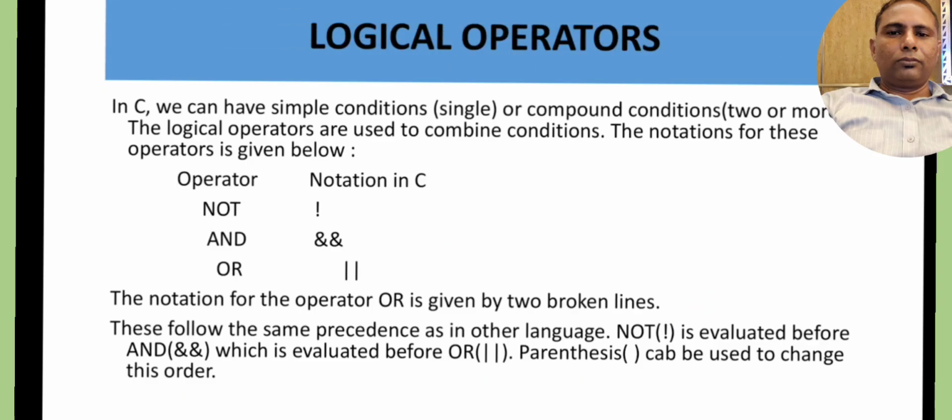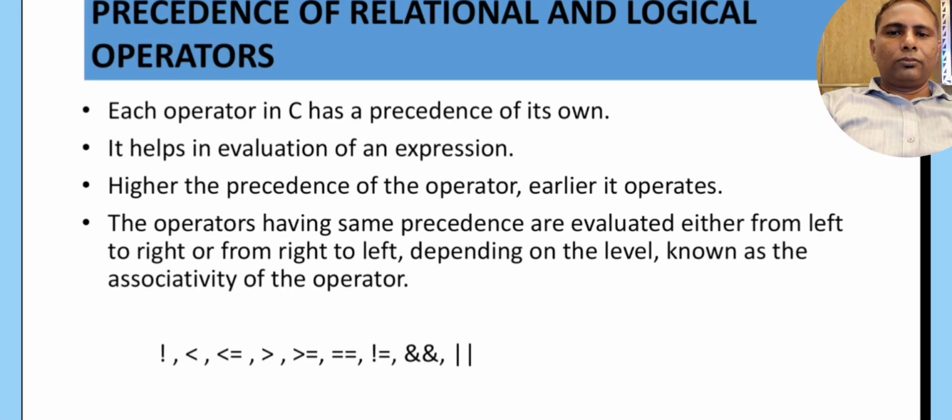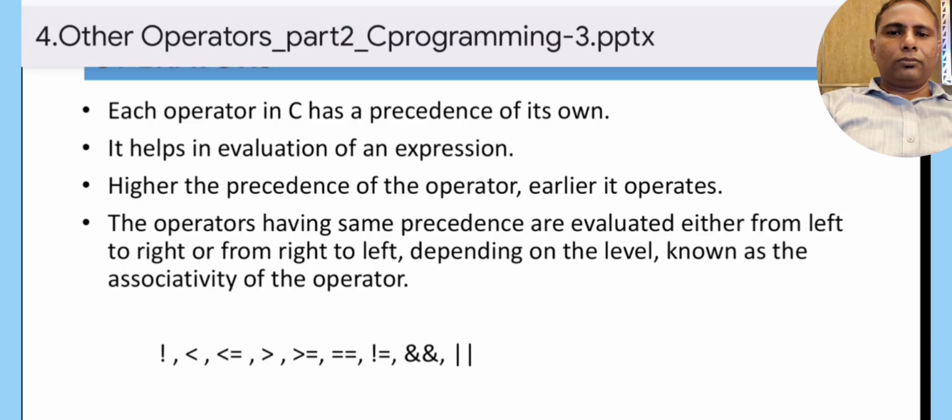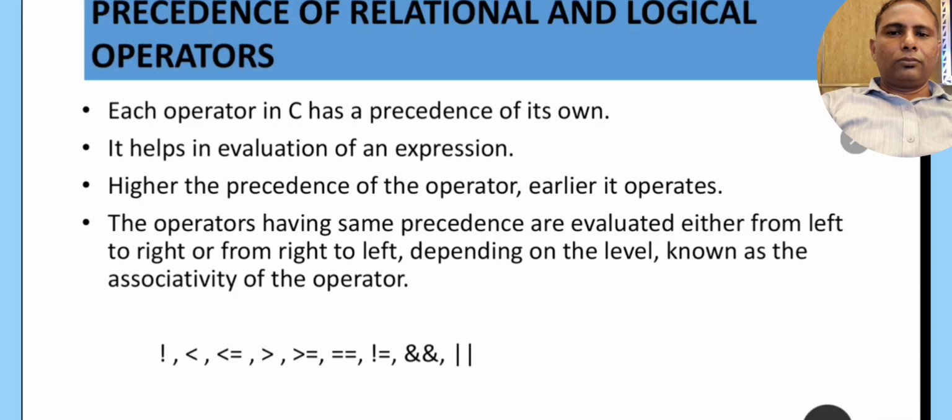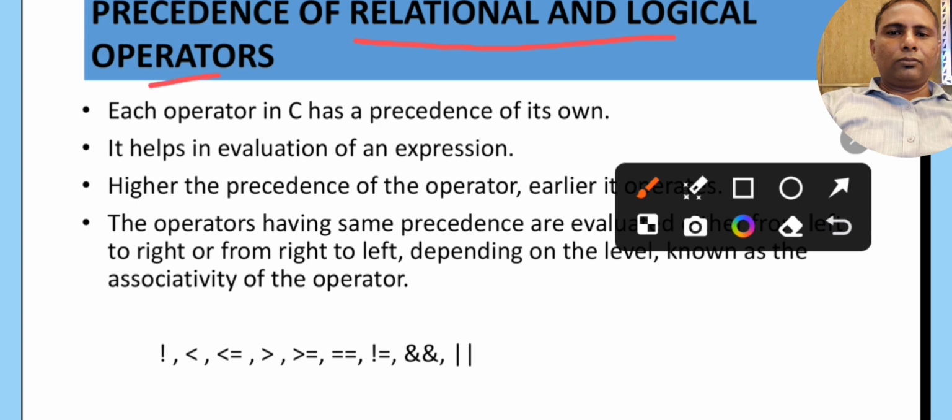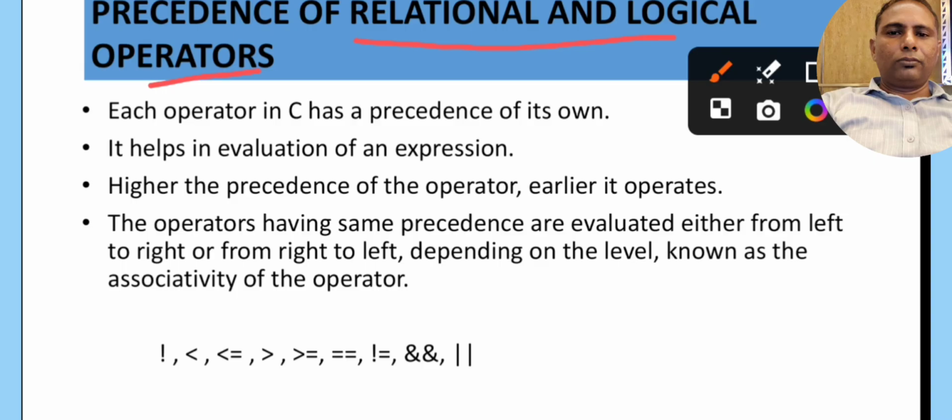Same thing, if we talk about the combined precedence of the relational and logical operators. Now, what do we mean by precedence? Precedence means that if more than one operator is present, then which operator we will solve first.